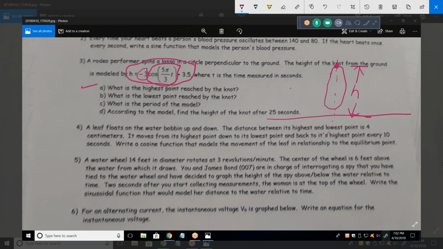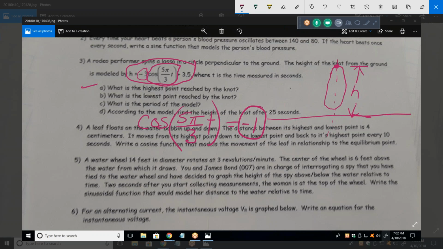So if that thing is equal to 1, it's going to subtract from the height of the knot. If it's equal to 0, it's going to have no effect, and then the height of the knot will be 3.5. But what if it were equal to -1? In other words, what if cosine of 5 pi over 3 times t happened to be equal to -1? Would that not give you the highest point?